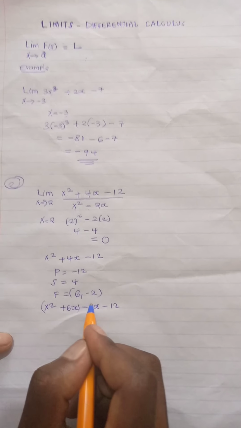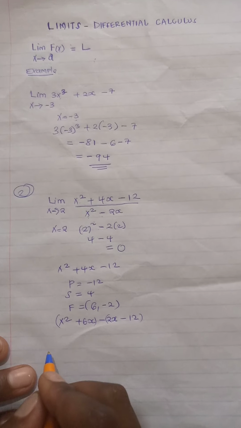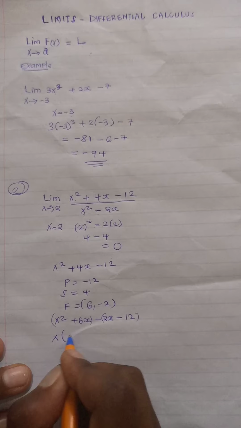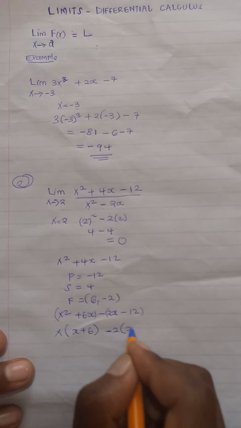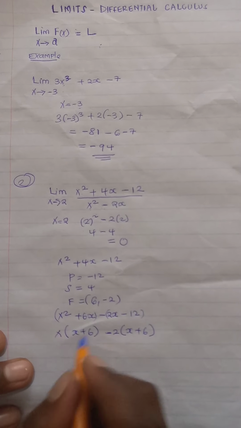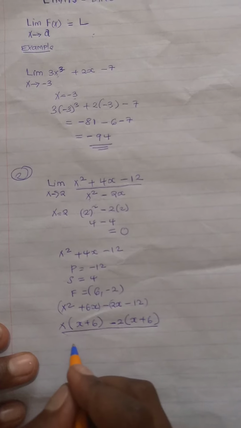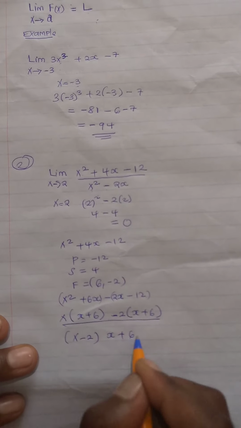You group them. So it will be x times (x plus 6), then minus 2 times (x plus 6). This is our numerator: (x minus 2)(x plus 6).